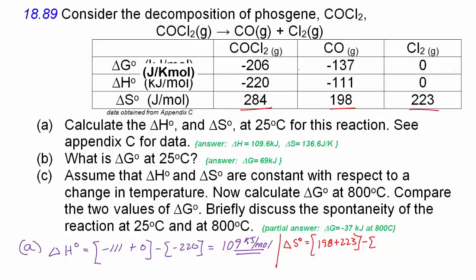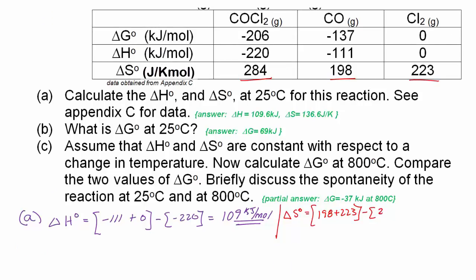Phosgene is 284. Plus 223 minus 284, about 137. Remember, that's in units of joules per Kelvin mole.